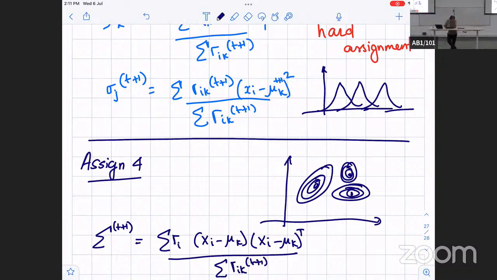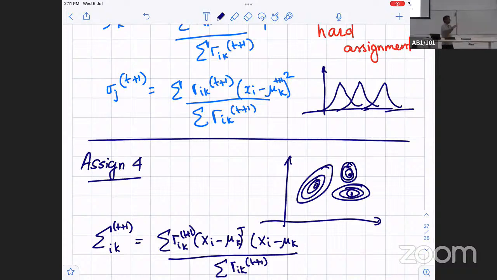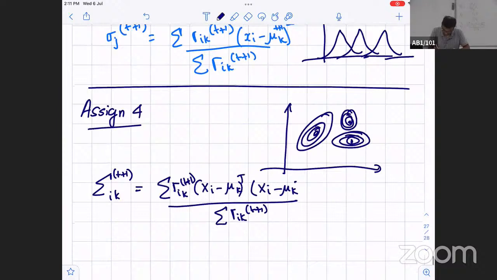I think this will be a problem, so you have to do this. If you do this, you can get this kind of arbitrary shape. Just check Wikipedia. I might have made some mistake here, but please look at Wikipedia for this update. I think this is correct.